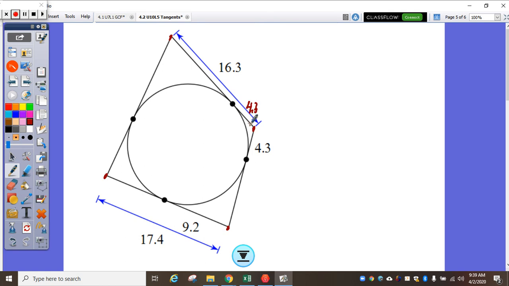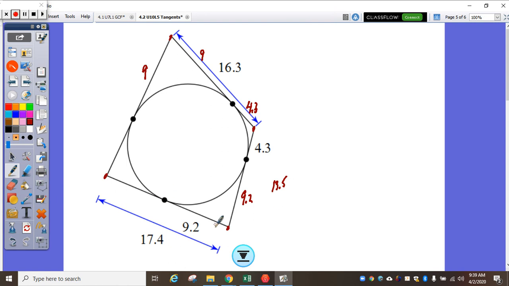If this is 4.3 and the whole thing is 16.3, then this segment right here is 9. Well, if this is 9, this would be 9. And if this is 9.2, of course, this is 9.2, which means this whole side right here is 13.5.